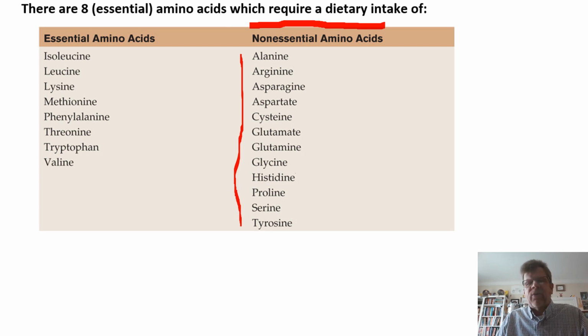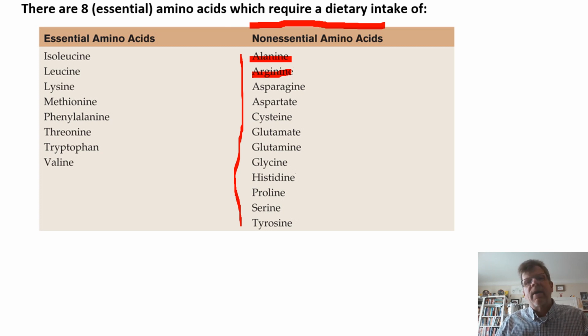That is about 12 of the 20, and the reason they're non-essential is that we can convert to any of these 12 amino acids from certain other amino acids within our bodies. We have biological processes which can convert, say, alanine from arginine or something like that.